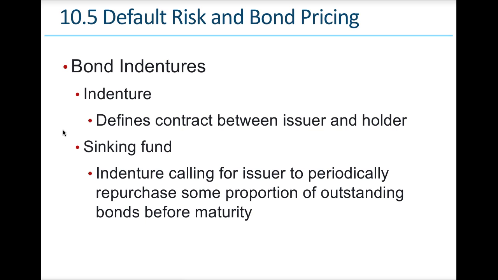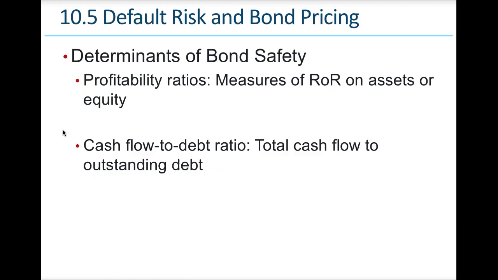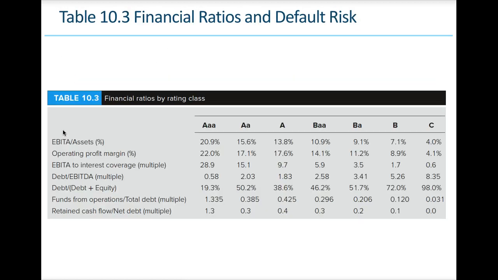Now, I just want to go back to talk about the bond ratings for a second, because I had a thought. What we call a rating agency is important to define the characteristics of the bond itself.